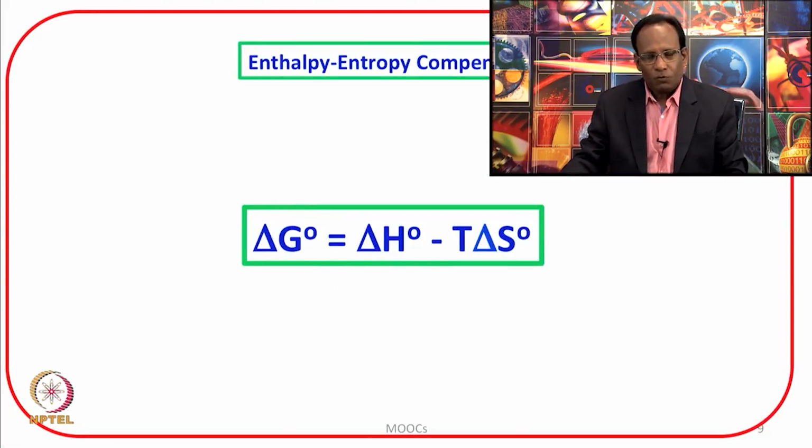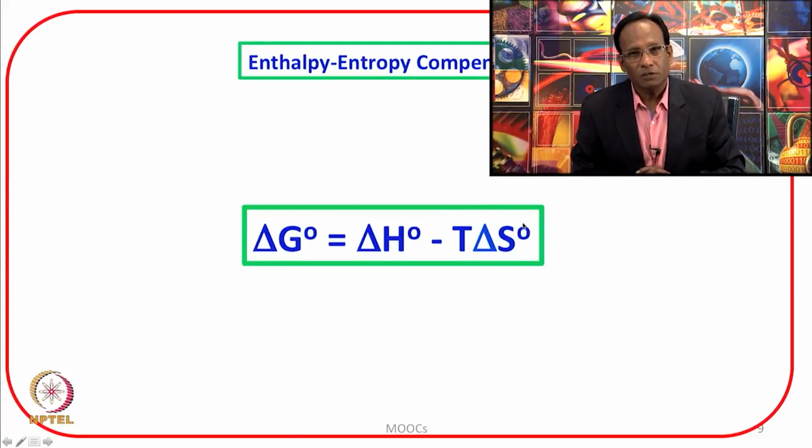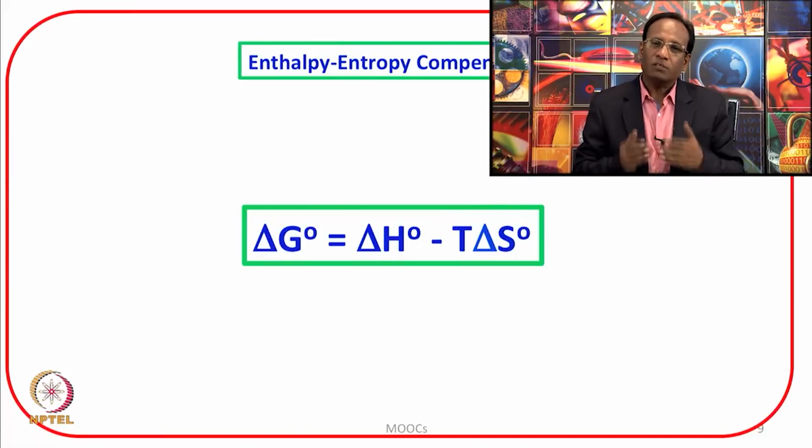So, therefore, towards a rational drug design, the efforts have to be that we achieve a better negative value of delta H naught and not much compromise on the loss of conformational degree of freedom, not much loss on the entropic front.